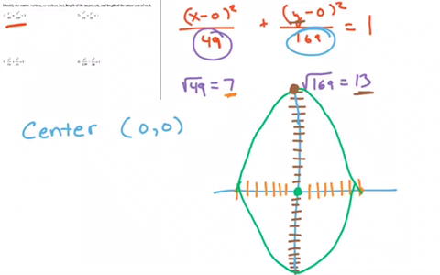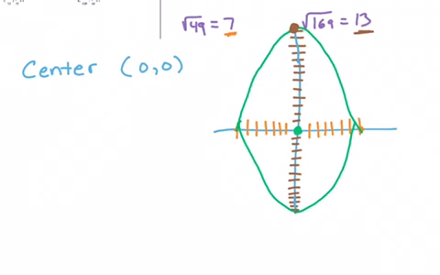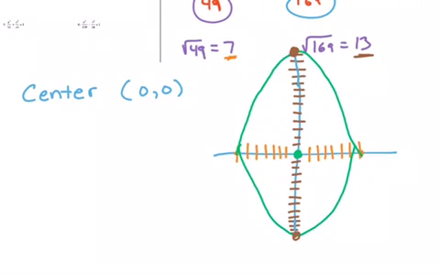This value in brown right here, these are my vertices. So you know your vertices are going to be at (0, 13) and (0, negative 13).